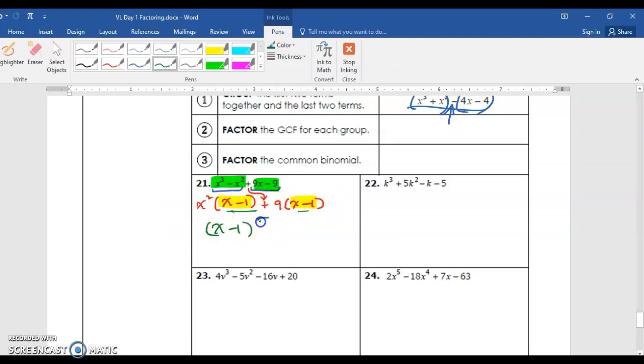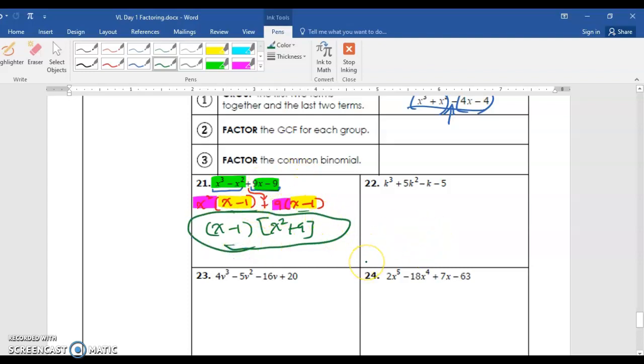So if I divide this expression by x minus 1, I'm left with just x squared. And if I divide this term by x minus 1, I'm just left with the 9, right? So the answer here is x minus 1 times x squared plus 9. You just write what is left out, and that's your answer.